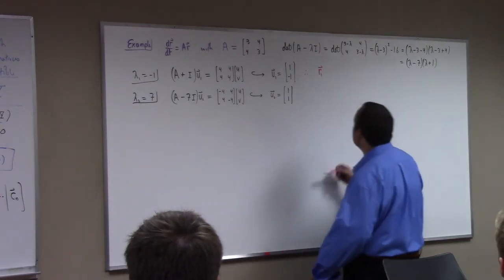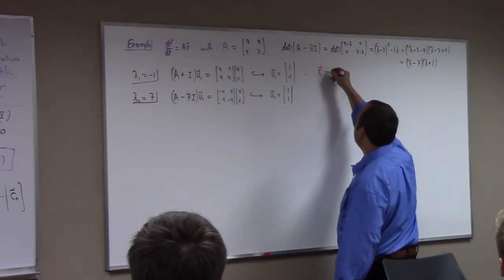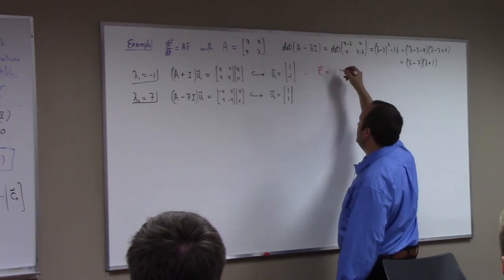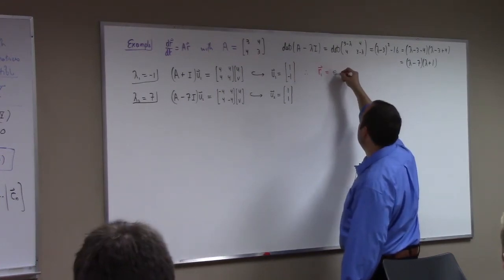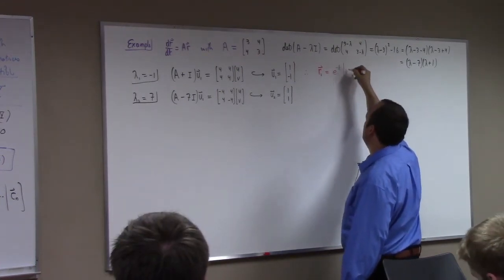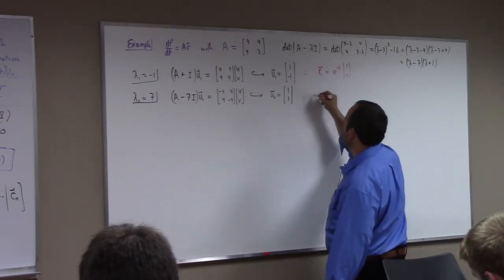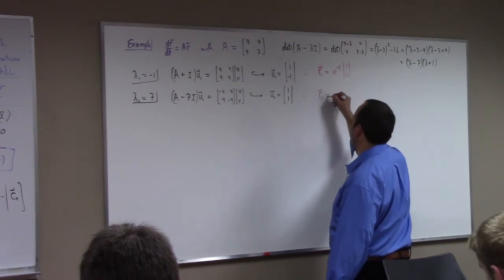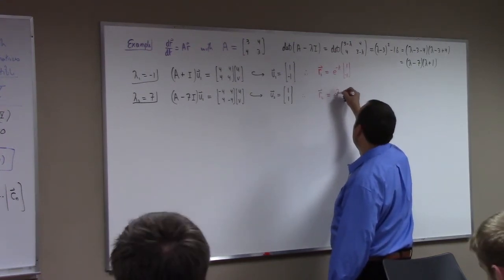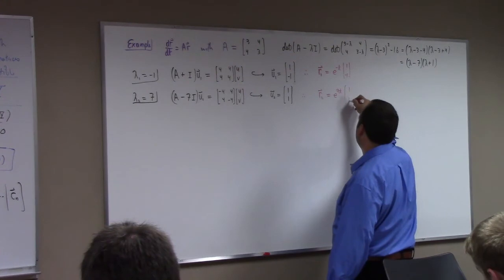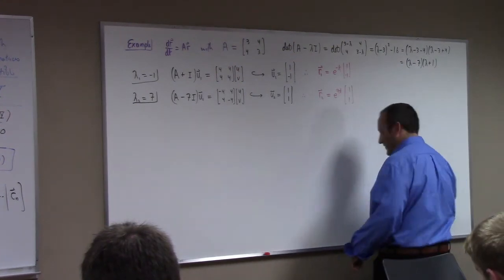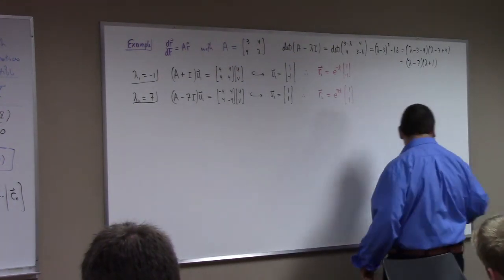Let's see here. So R1 is e to the minus t, 1, minus 1, and R2, these are eigensolutions, right? e to the 7t, 1, 1.